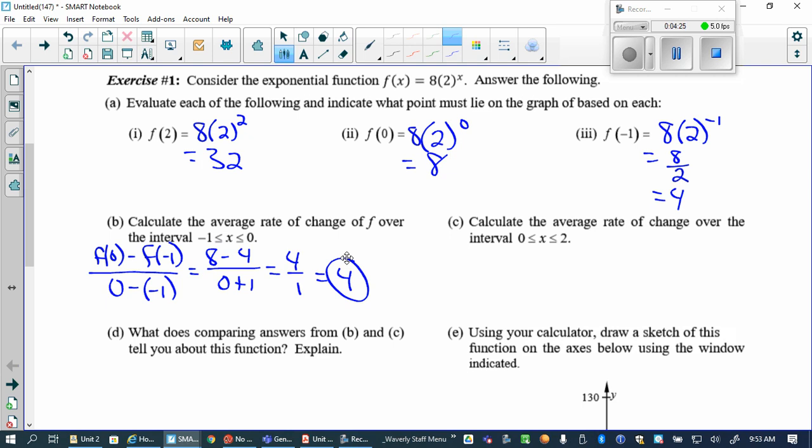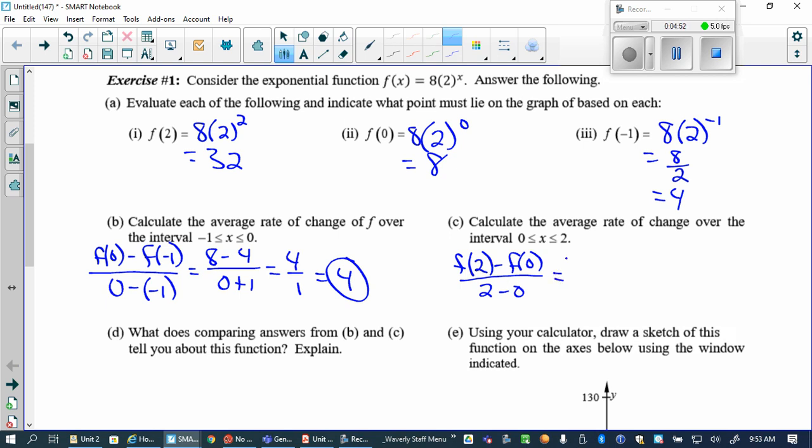Now they want us to do a rate of change between what two x's in part C? 0 and 2. So this would be f of 2 minus f of 0, over 2 minus 0. Well, what was f of 2?